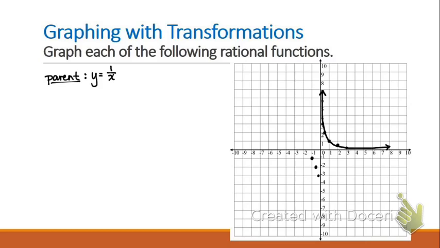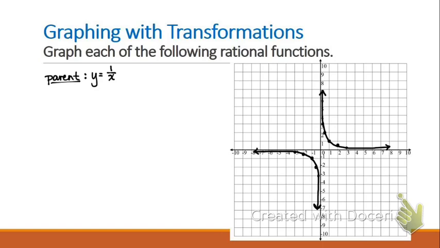If my input is a whole number, negative 2, then my y value would be negative 1/2. So right there. If my x is negative 3, then my output is negative 1/3. So we're actually going to have these asymptotes show up here on our rational functions. For the parent function, the asymptotes are the x-axis and the y-axis.